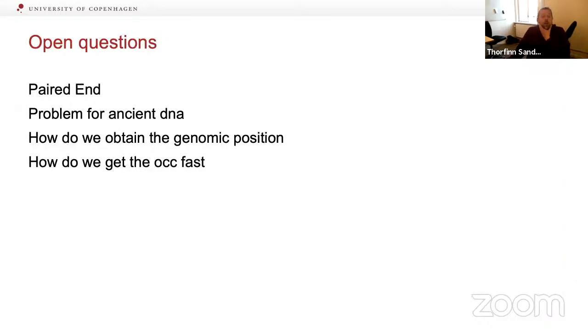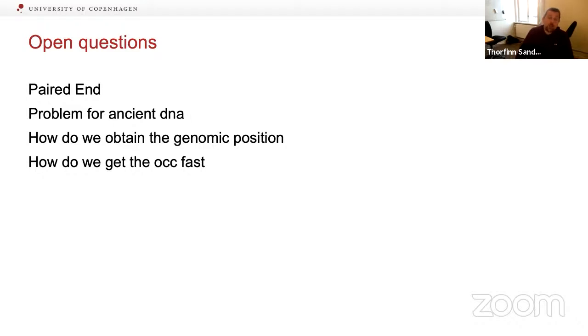Finally, open questions. If we are doing paired-end sequencing, then we can take into account that our fragment size is relatively short. It's only around 500 base pairs at most. Given modern sequencing, it shouldn't be any longer, so we can use this to our advantage when we do the mapping. There are of course problems with ancient DNA because we expect to have excess mismatches in the termini of reads.